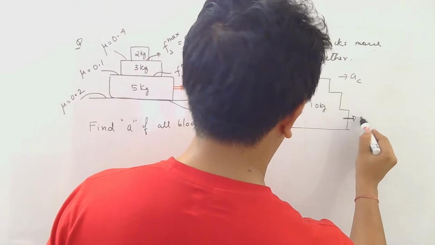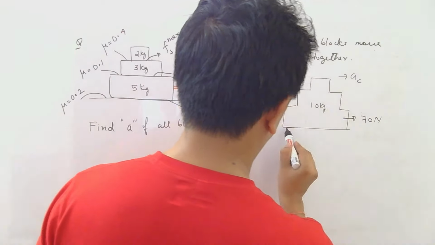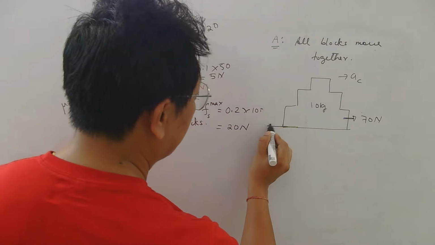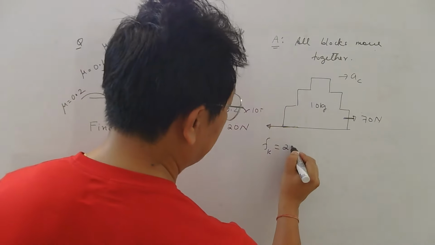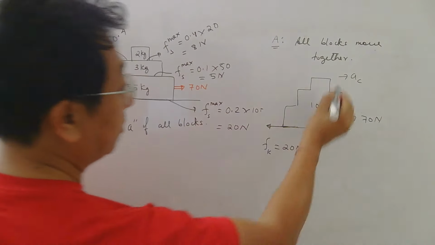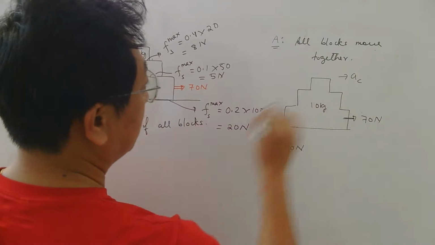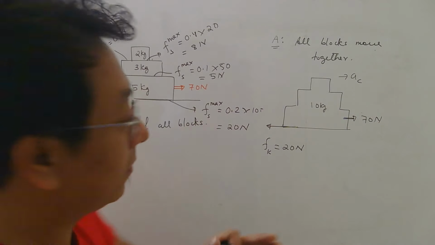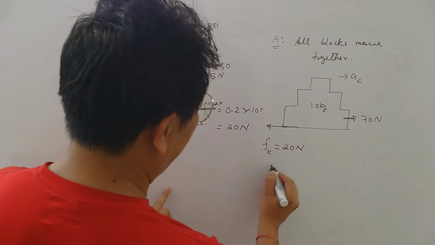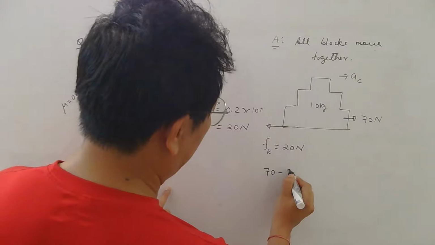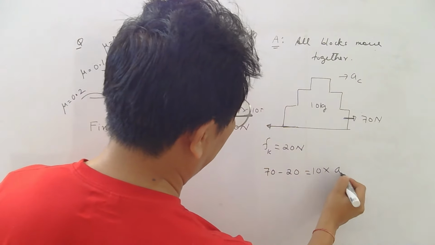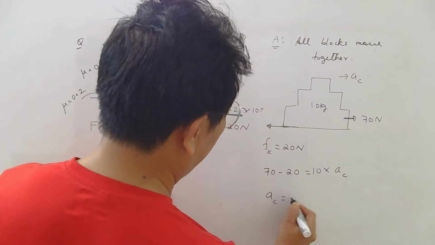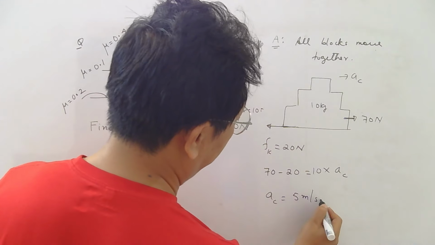Here there is 70 Newton force. Kinetic friction here will be equal to the maximum static friction, right? Already we discussed many times. So what will be the acceleration of this whole system if they are moving together? The Newton's law will give total force is 70 minus 20. Mass of the system is 10 into A common. So A common will be 5, right? 50 by 10.